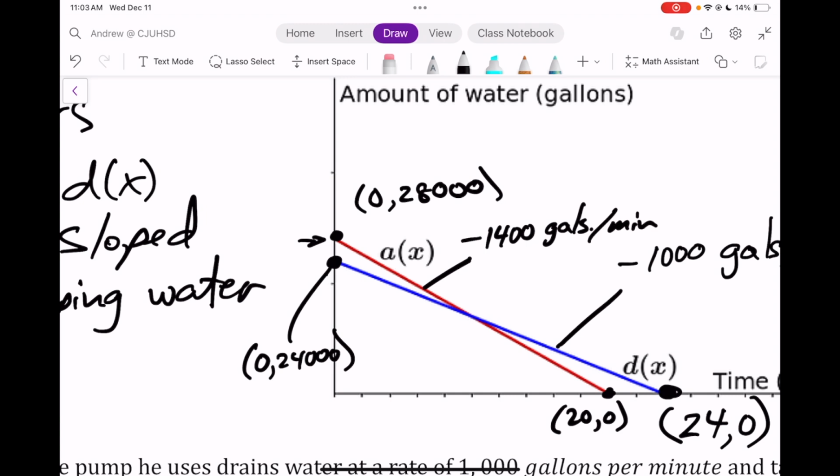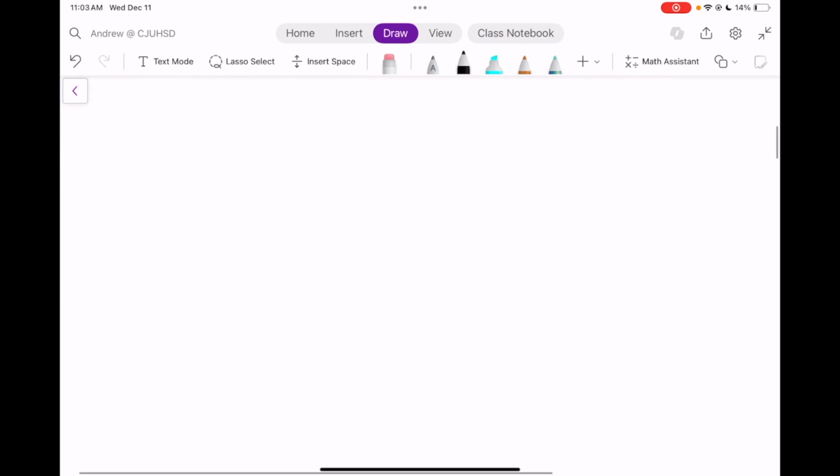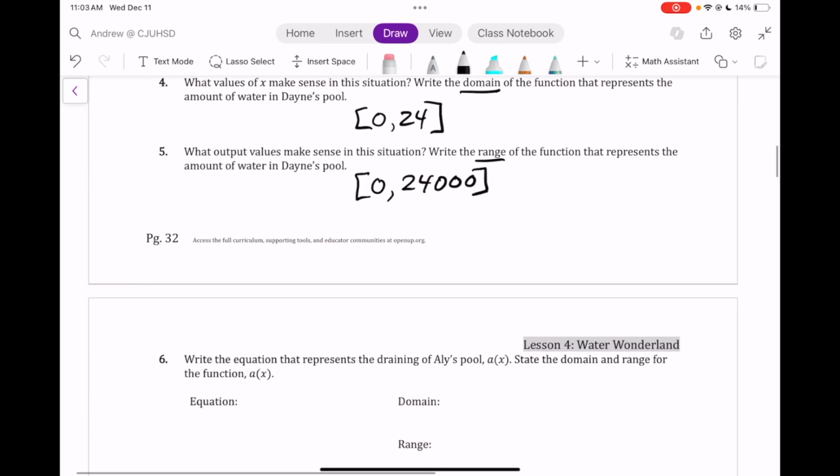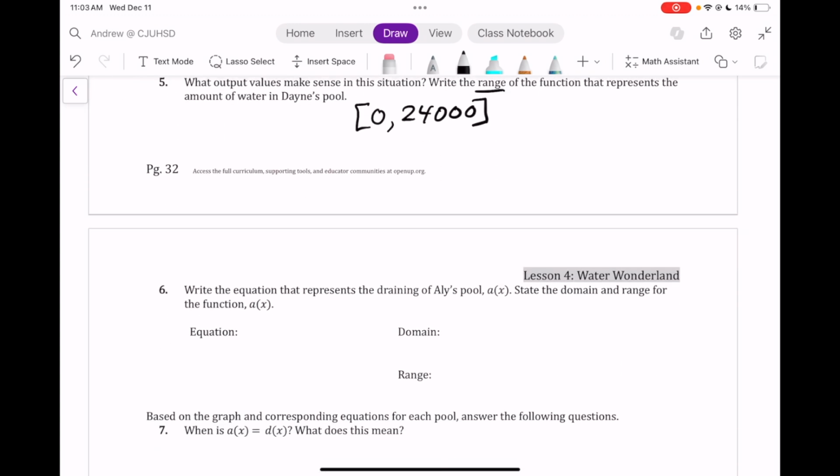And now we can write the equation for her. So number 6, her equation is A of x is 28,000 minus 1,400x. Her domain goes from 0 to 20, and her range goes from 0 to 28,000.